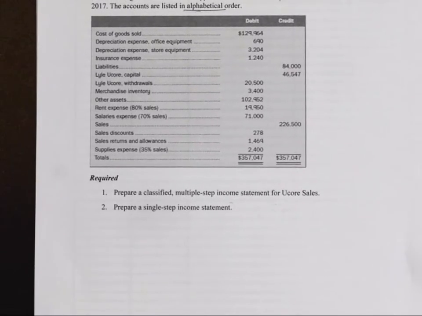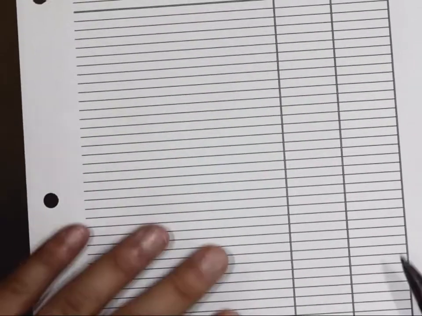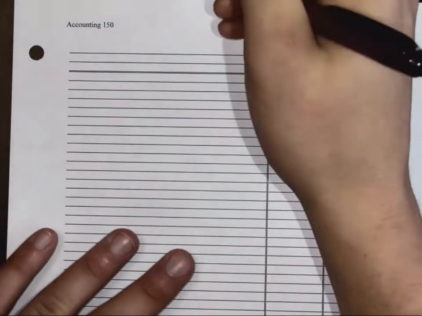So the first thing, for any statement, the easiest way to lose or get a mark is your title, exactly. So this is for U Core Sales.